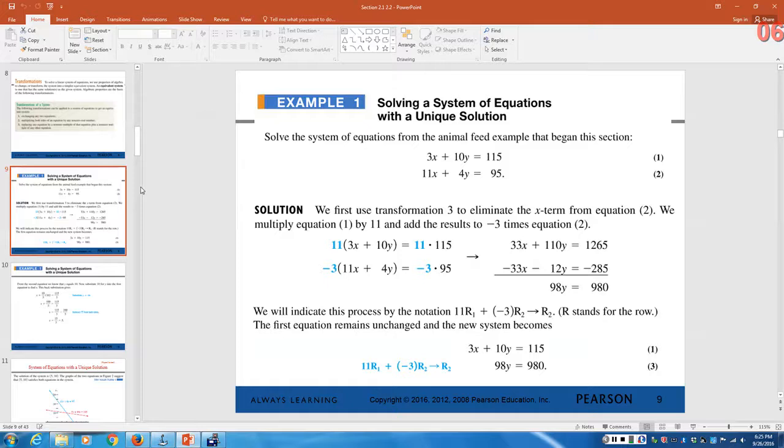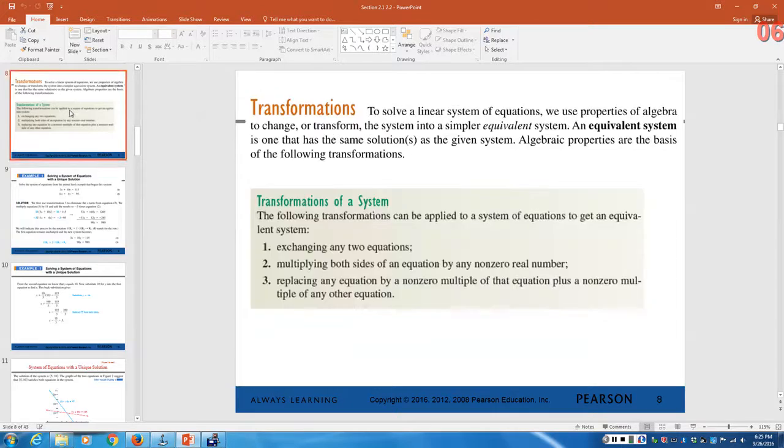What we can do legally with these equations is swap them from top to bottom, because that doesn't change their value. We can multiply all the way through either one of the equations by any non-zero number, because that doesn't really change what the equation is. Or we can add two equations together, and we can combine those operations if we want to.